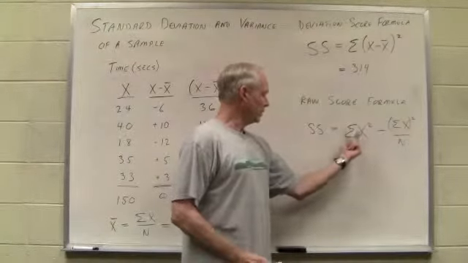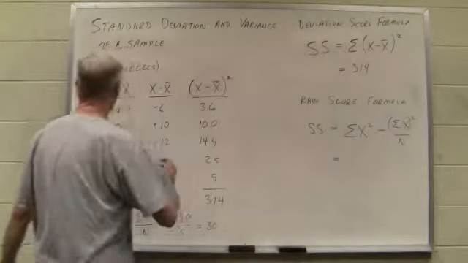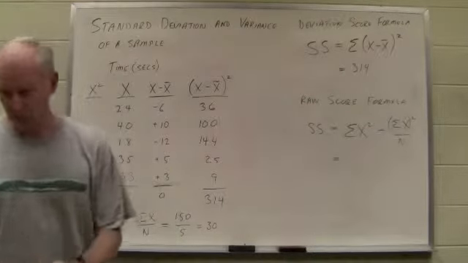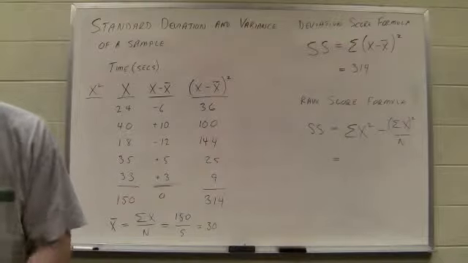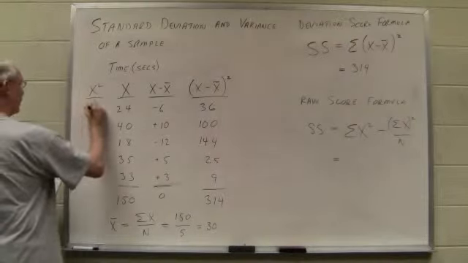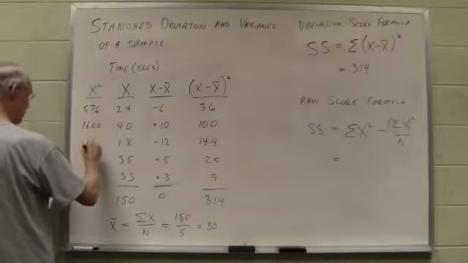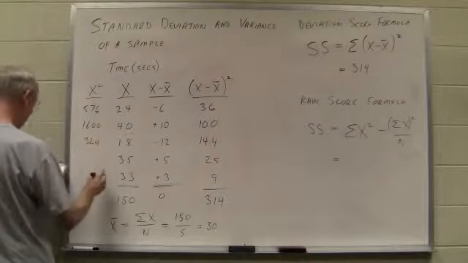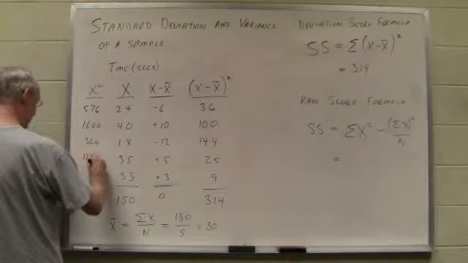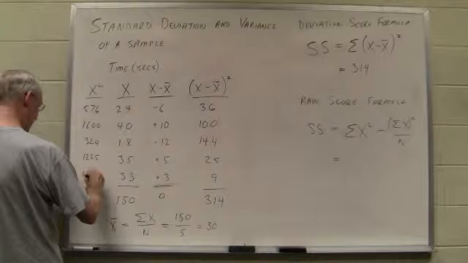This first term tells us to square each of the raw values we started with and sum them all up. So we're going to need a column that has all of those numbers squared. Now, I'll admit those are fairly large numbers. Here's what we get when we multiply those out. 576, 1600, 324, 35 squared is 1225, and 33 squared is 1089.